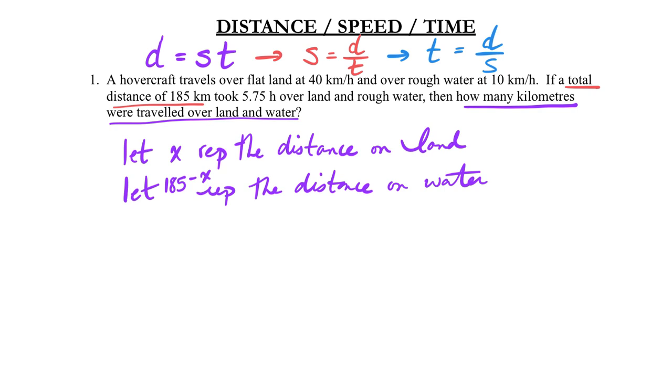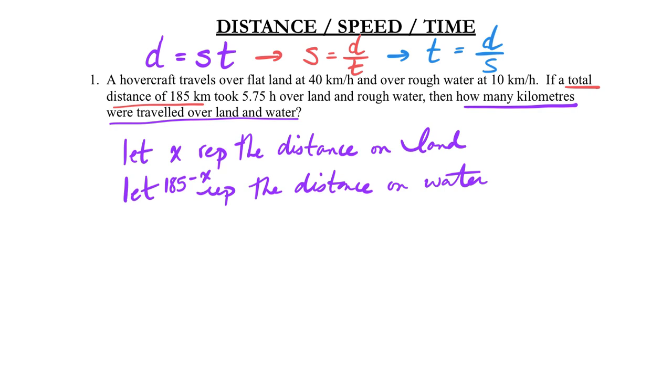And so maybe what we can do then is write my distance on water in terms of x, and now I don't need two variables. If I don't need two variables, then I don't need to build a system. And maybe that's somewhere that I could go with it. So let's work through that.